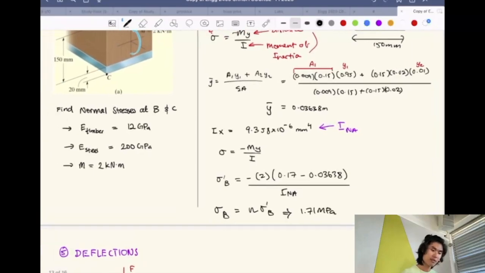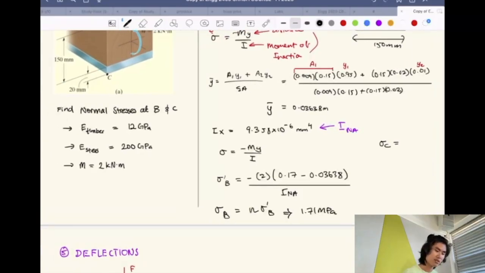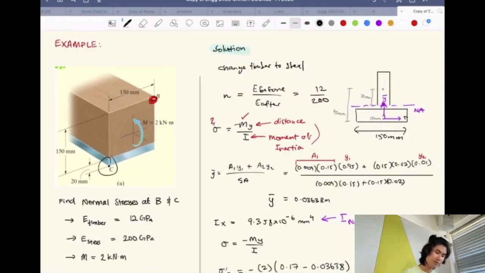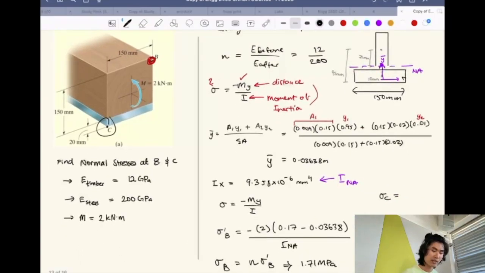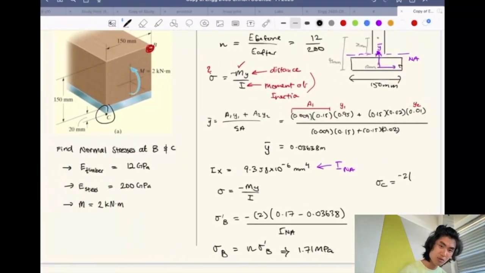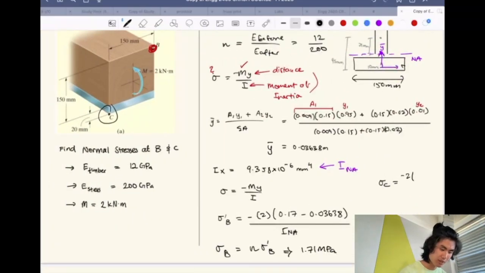And then for the stress at C, which is down here, they're going to ask you negative M, and then the distance from the centroid is going to be just the distance to the bottom.